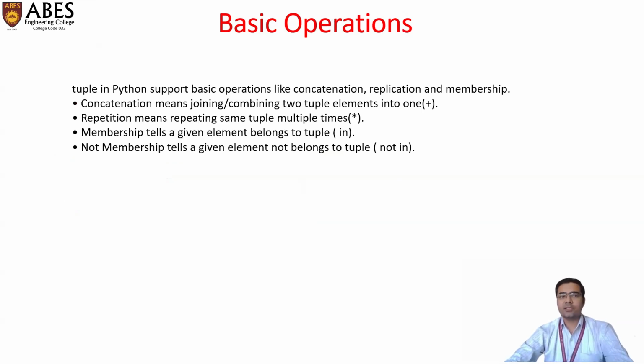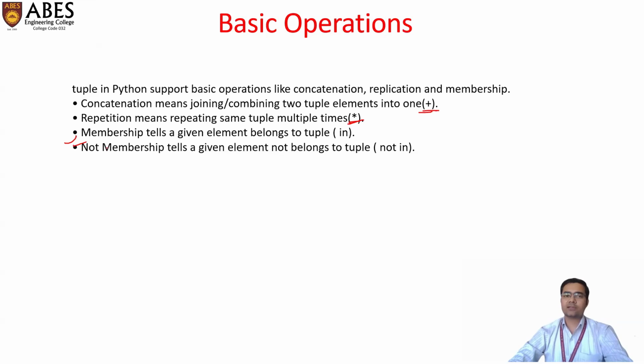Basic operations: tuple in Python supports basic operations like concatenation, replication, and your membership operations. Concatenation means we are just joining two tuples with the help of the plus operator, and repetition means we are multiplying a tuple 2 times or 3 times depending on your given value with the help of the star operator.